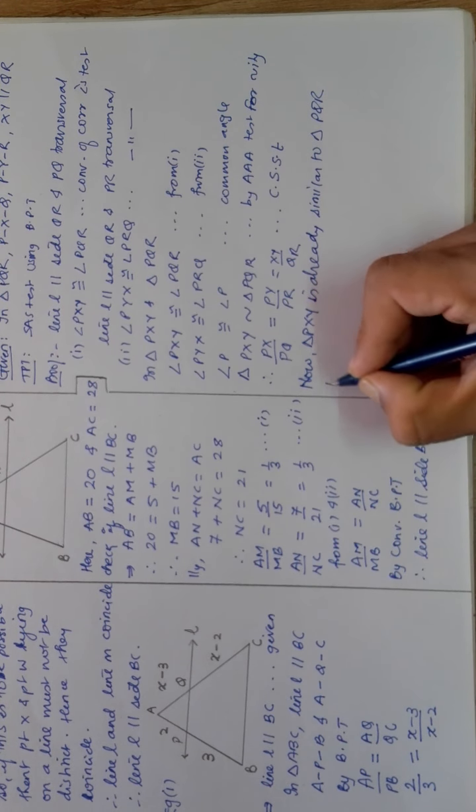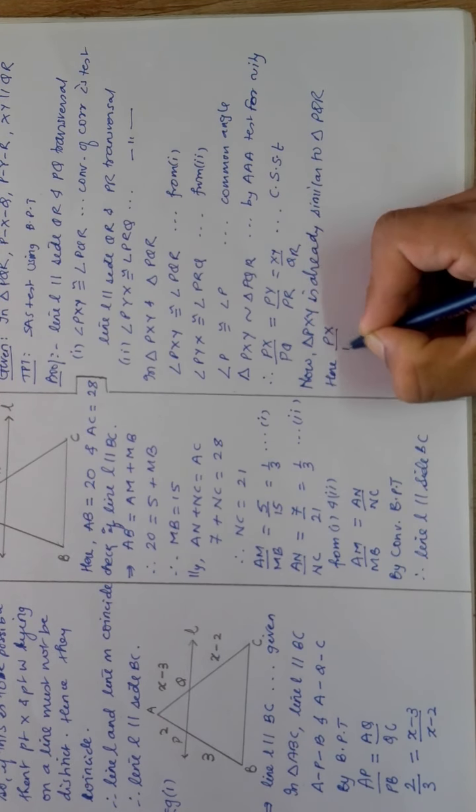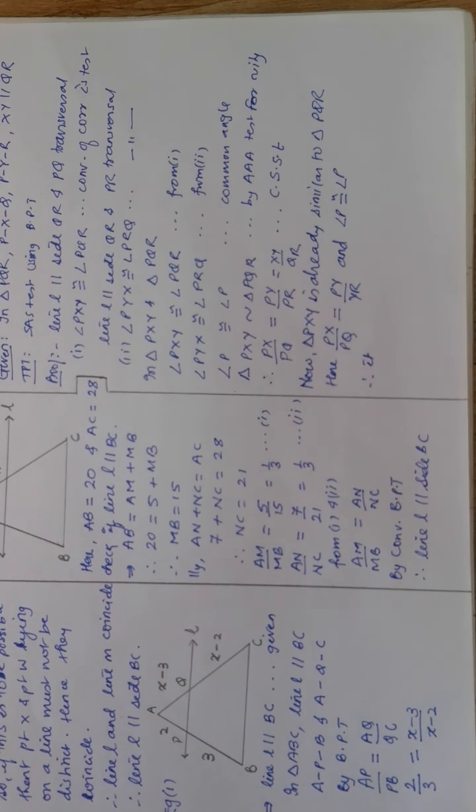Now in this triangle, here you have PX is to PQ equal to PY is to PR, and angle P congruent to angle P. So therefore it satisfies all the conditions which are mentioned in the SAS test.